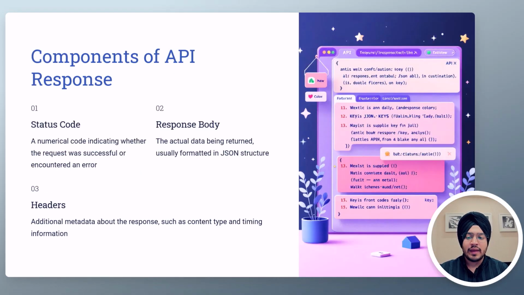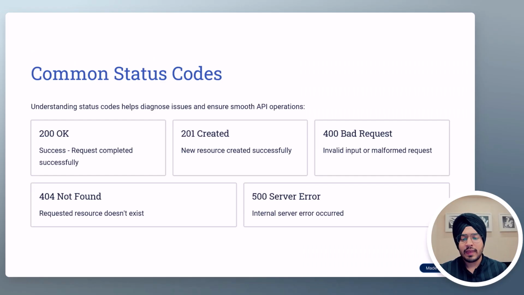Firstly, the status code, a numerical code indicating whether the request was successful or encountered an error. Then we have the response body, the actual data being returned, usually formatted in JSON structure, and headers, additional metadata about the response, such as content type and timing information.